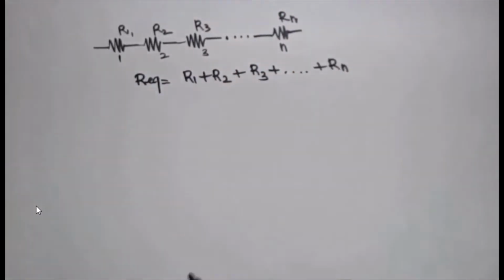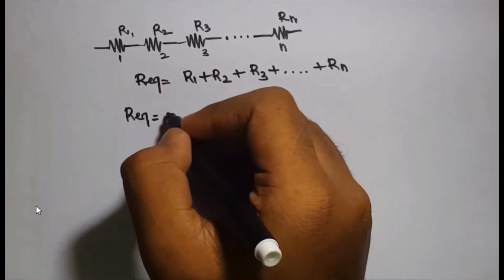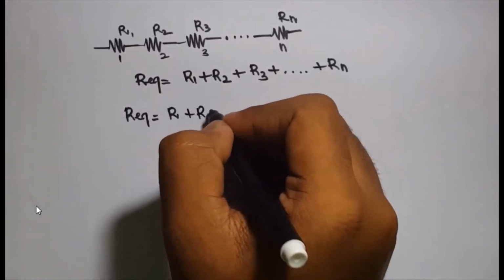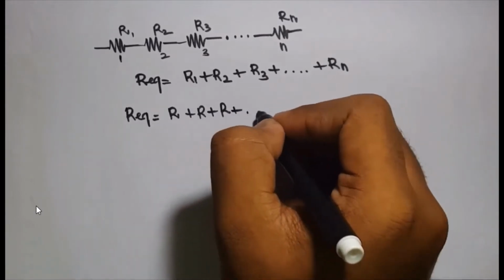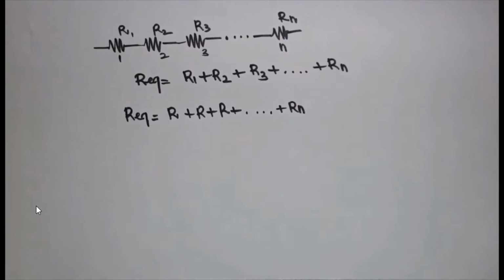This is the formula for deriving equivalent resistance when unknown resistors are connected in series. When known resistors of value R each are connected in series, then R equivalent equals R plus R plus R plus and so on, n times. This is the formula for deriving R equivalent when n equal resistors of value R each are connected in series.